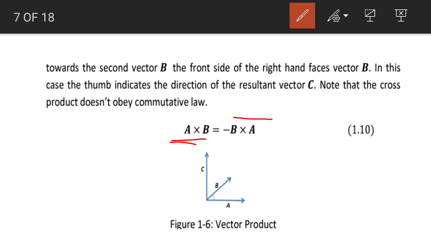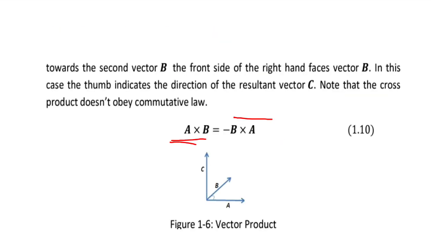So in this particular case, the thumb represents the direction of vector C or the resultant vector.